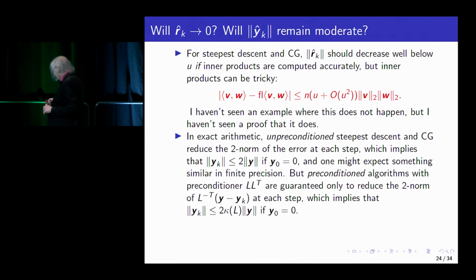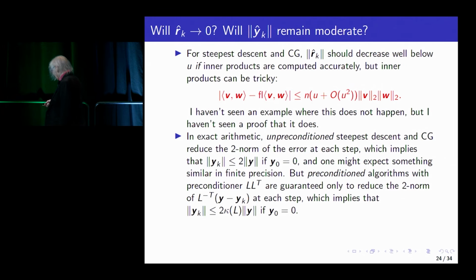That would imply that if your initial guess is y_0 and the 2-norm of the error never gets larger than the 2-norm of y minus y_0, then the norm of each y_k is less than or equal to twice the norm of y. And one might expect something similar in finite precision arithmetic, though it hasn't been proved. And unfortunately, with the preconditioned algorithms, you're not even guaranteed this in exact arithmetic.